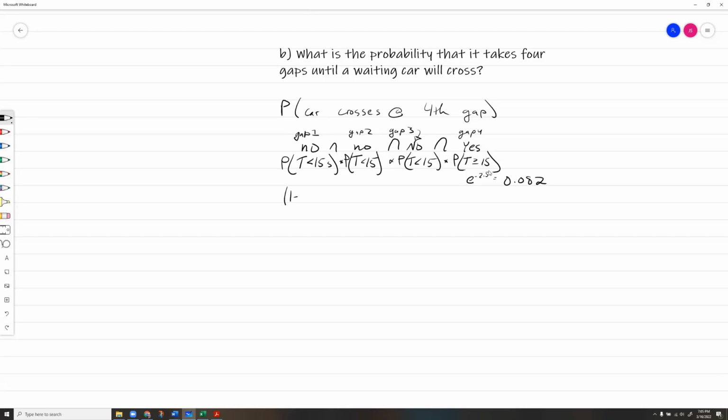So we can do 1 minus e to the negative 2.5, and we'll cube that, 1, 2, 3. And then we'll just multiply it by e to the negative 2.5. And then if we crunch that in our calculator, we'll end up with 0.063. So this is the probability that we'll have to wait 4 gaps until we get the ability to cross.